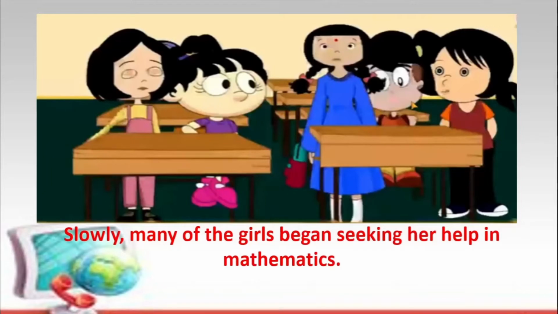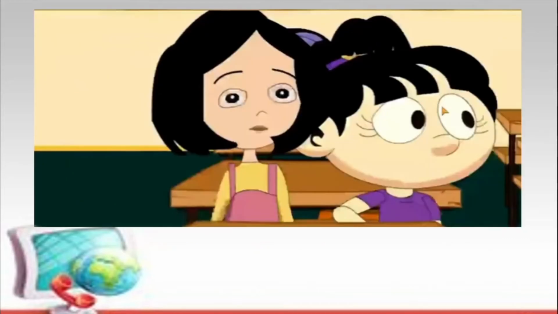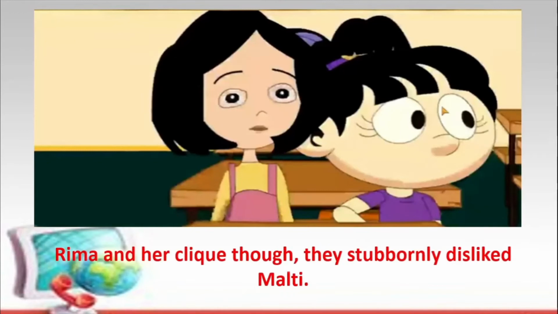So Malti becomes quite popular in school, not only with her teachers but also with the other girls in the class. But what about Rima and gang? Let's see. Rima and her clique, clique means a gang, stubbornly dislike Malti. They do not like Malti at all. No matter how good Malti is, no matter how talented she is, no matter how good she is in studies, they still don't like her.